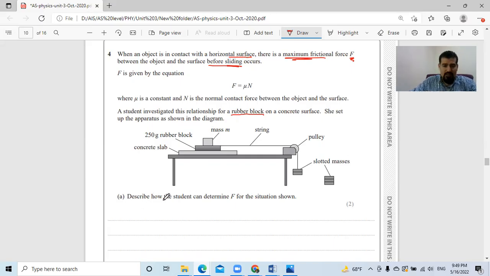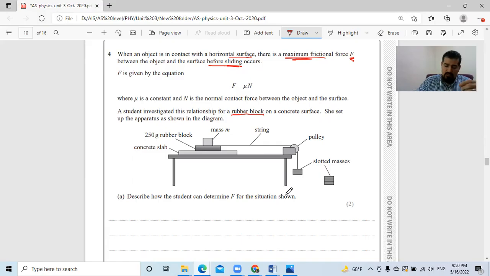Part (a): describe how the student can determine F for the situation shown. What do I need to do? Two marks. I will put the slotted masses on the pulley and keep adding small masses until it starts to move. When it starts to move, I can find the friction force.